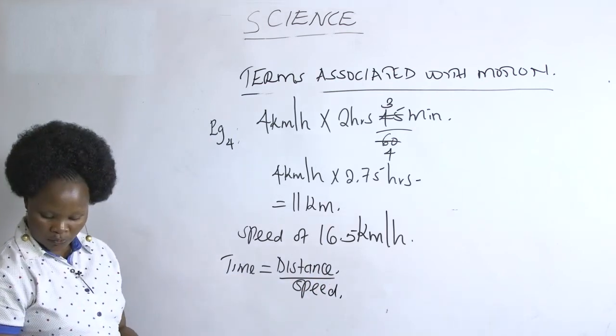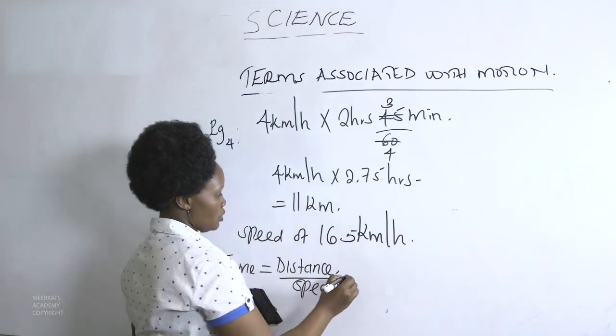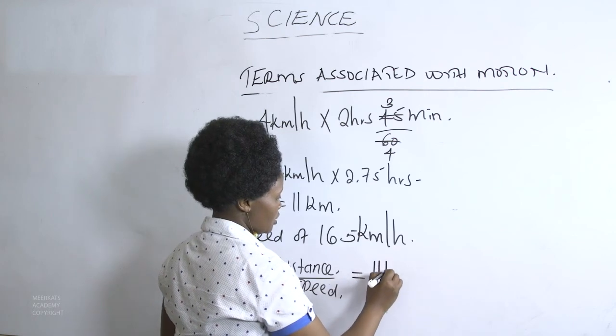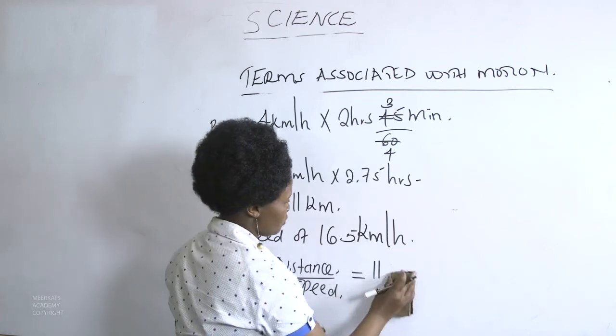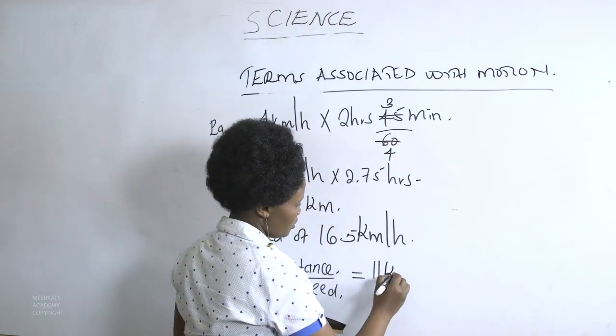Distance over speed, which in our case is 11 kilometers.